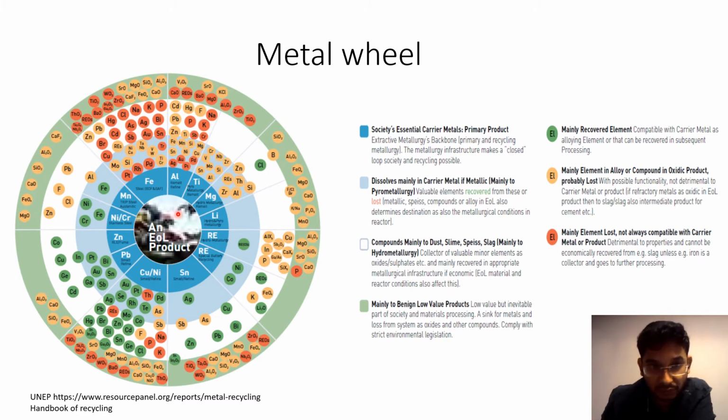So you have this end-of-life product point of view, and then these are what's called the essential carrier metals. These are the backbone of extractive metallurgy, the backbone of the products that we use. In these metals, during pyrometallurgy, which means high temperature metallurgical processing, or hydrometallurgy, which means low temperature aqueous metallurgical processing, the other metals dissolve in these carrier metals.